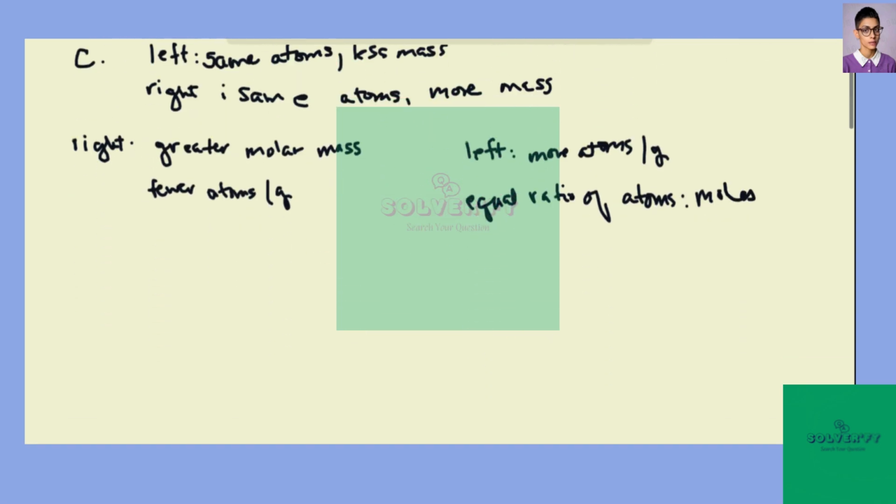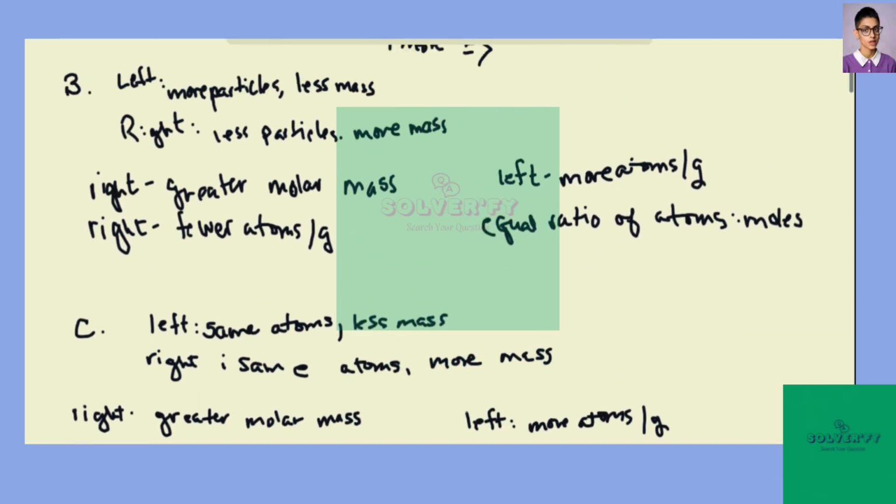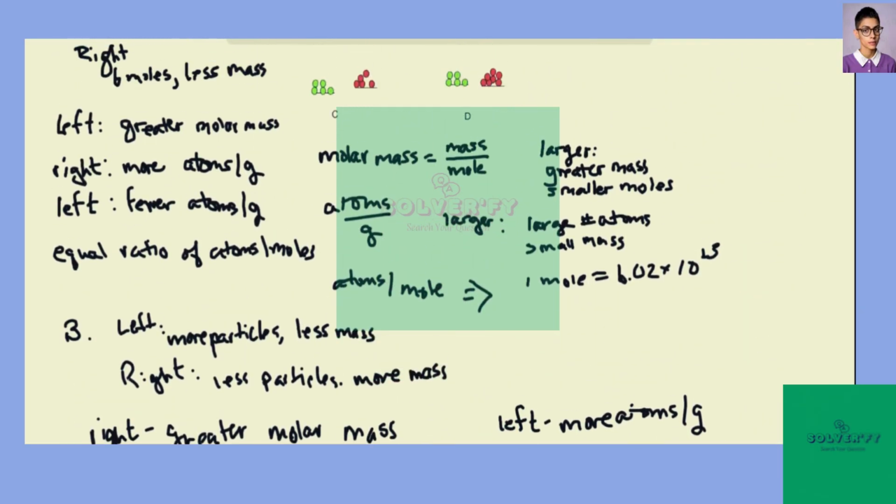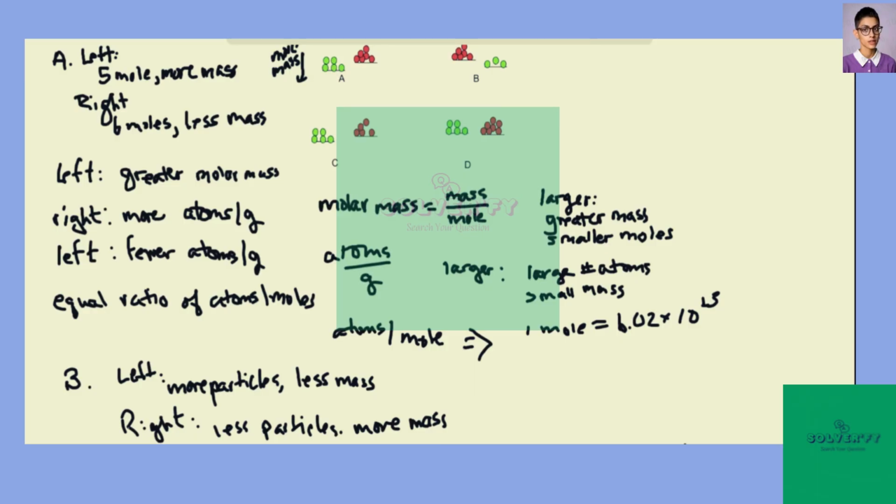The last example, D, has different numbers of particles but the same mass. You can see that on the left side, there are fewer particles than on the right side.